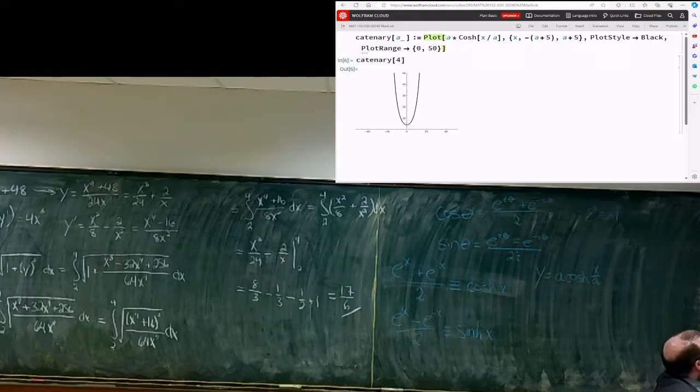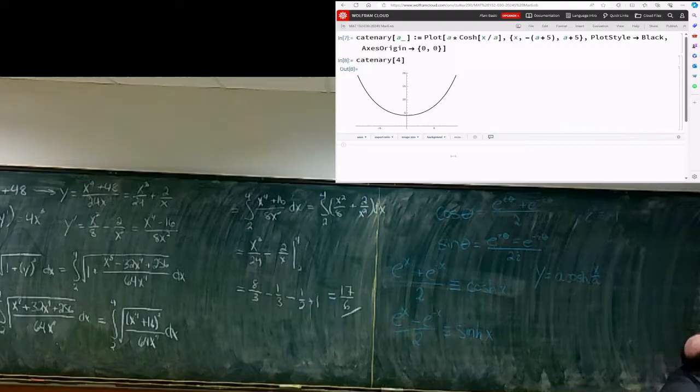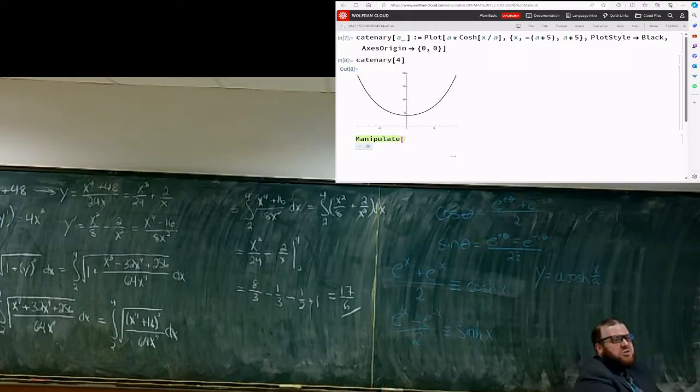I'm going to get rid of that, but what I am going to do is make the origin at 0, 0. Rerun that, but then I want to do something cool, the manipulate function.